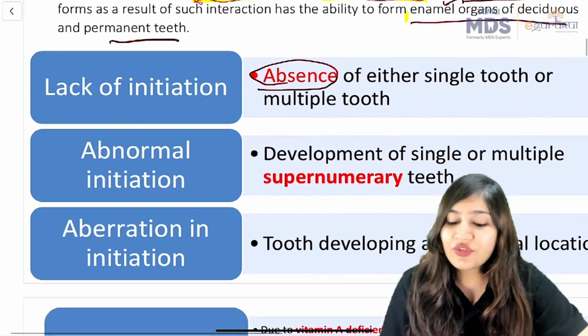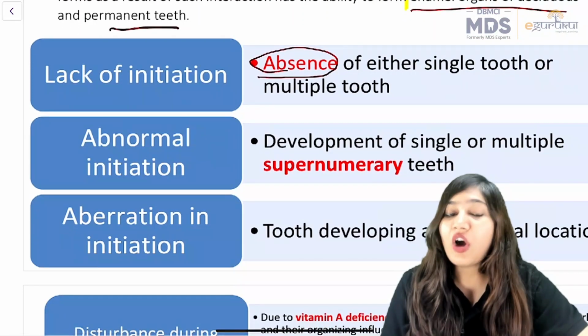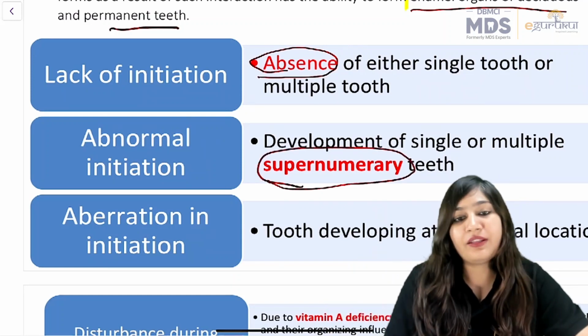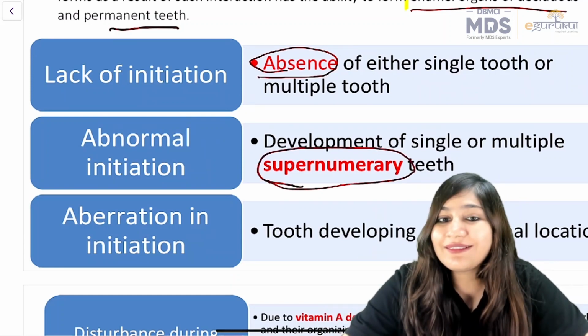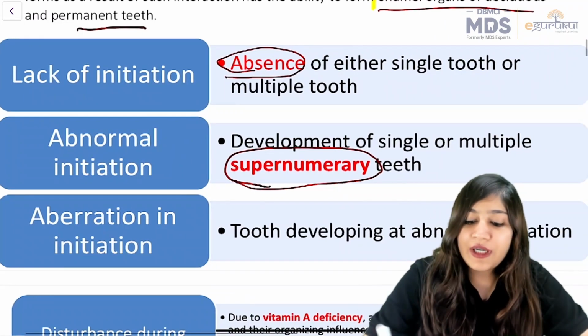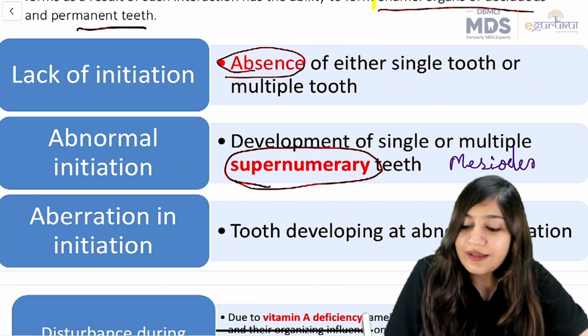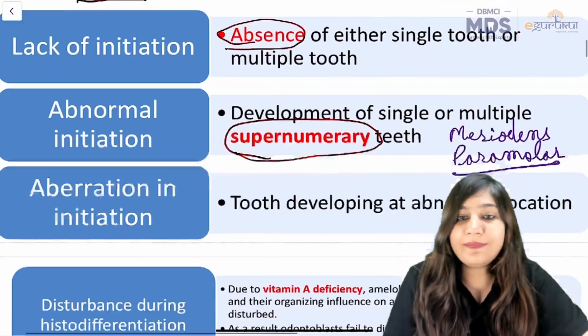So it leads to formation of single or multiple supernumerary teeth. Which are the supernumerary teeth? Mesiodense and paramolar, right?